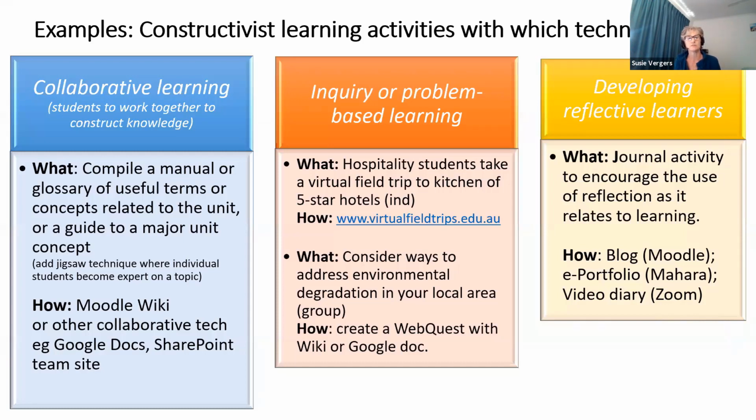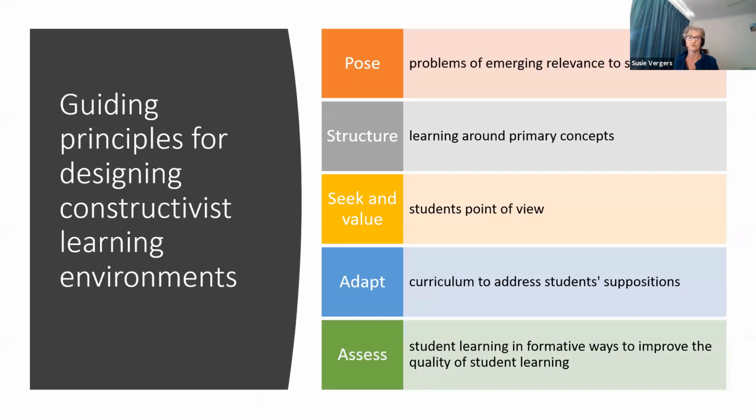So there's just some different activities that are active, constructivist learning activities, and how you might use different technology to do them. Whatever it is that you're going to design in terms of your activities in that constructivist environment, it's important that you pose problems of relevance to students. And emerging relevance here means they may not know yet that it's relevant to them.